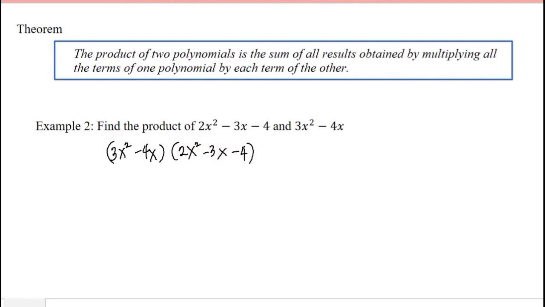The theorem says that the product of two polynomials is the sum of all the results obtained by multiplying all the terms of one polynomial by each term of the other.